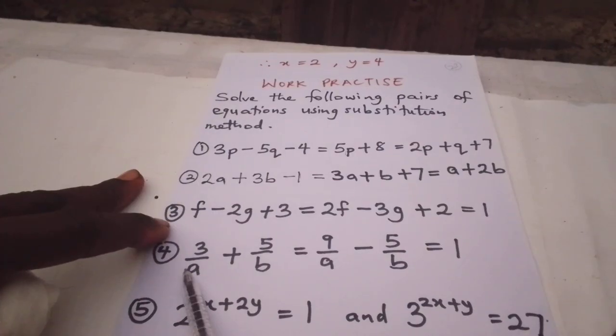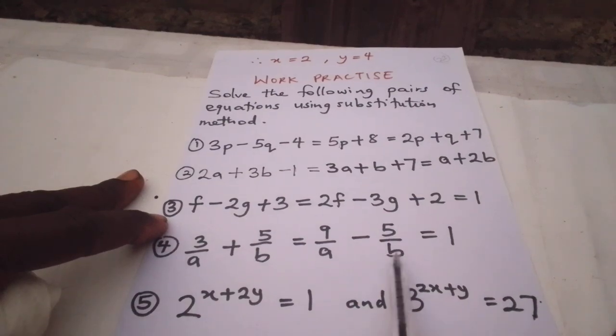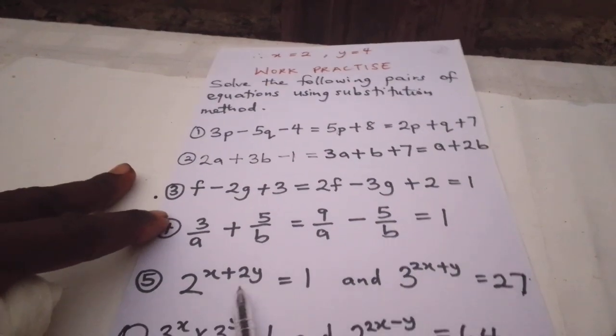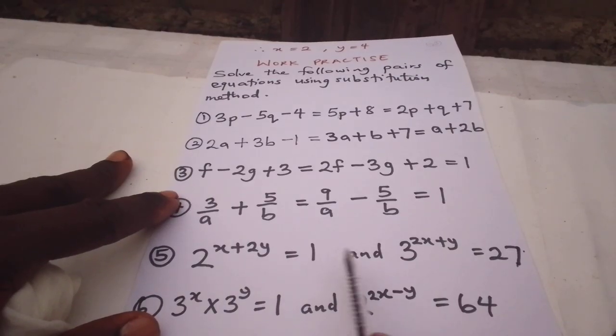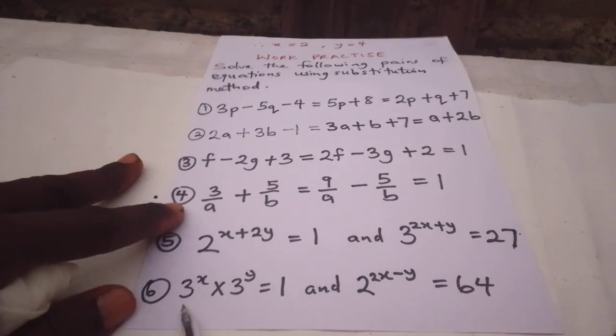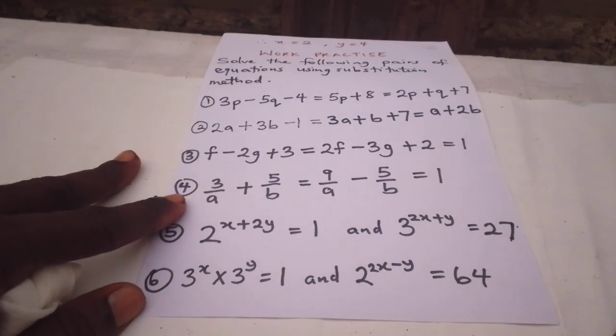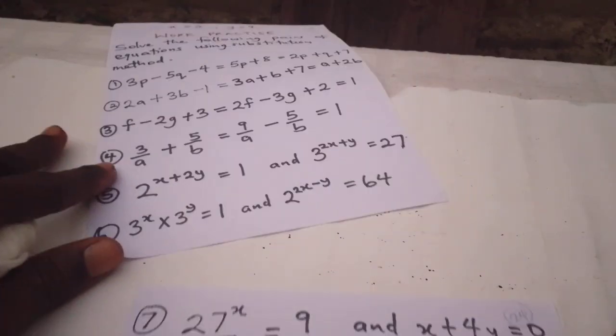Number 4: 3 over a plus 5 over b equals 9 over a minus 5 over b is equal to 1. Number 5: 2 raised to power x plus 2y is equal to 1, and 3 raised to power 2x plus y is equal to 27. Number 6: 3 raised to power x times 3 raised to power y equals 1, and 2 raised to power 2x minus y is equal to 27.